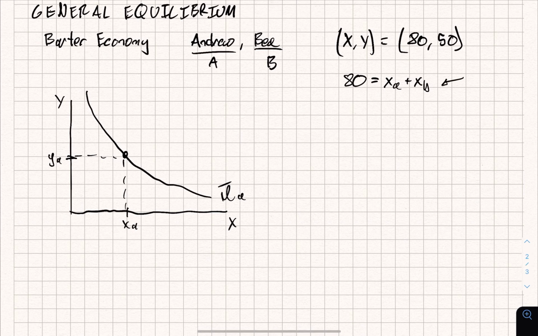So this is essentially just coming from the fact that more is better, and this is a result from the indifference curve, one of our primitives. And we can also do this for y. So we have YA, Andrew's endowment of y, and Bea's endowment of y. And we're just saying, let's make sure they sum to the total.